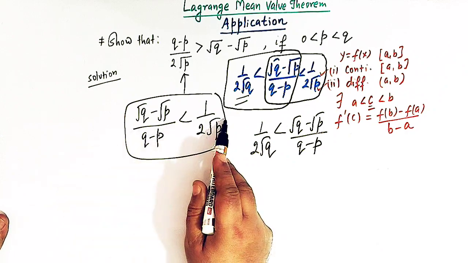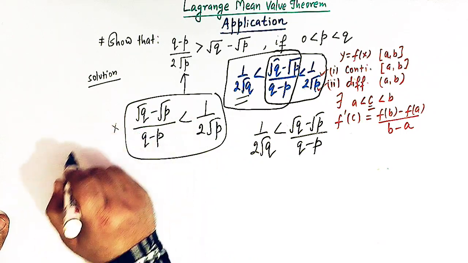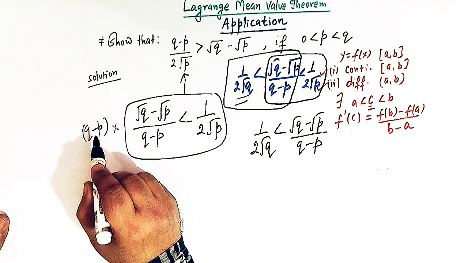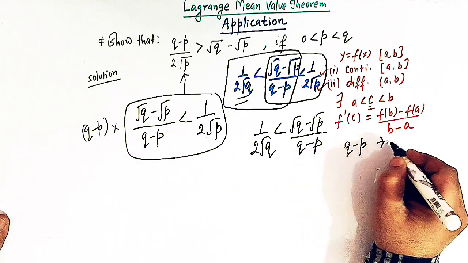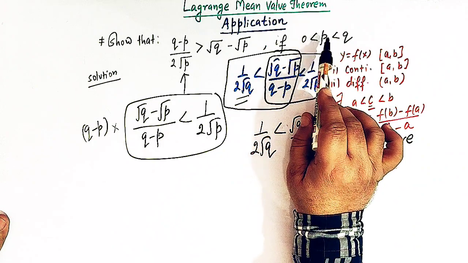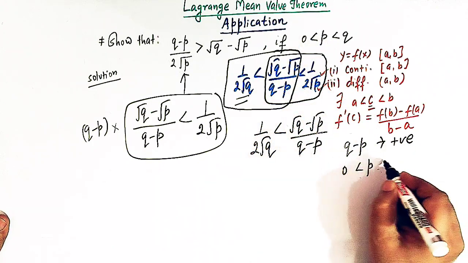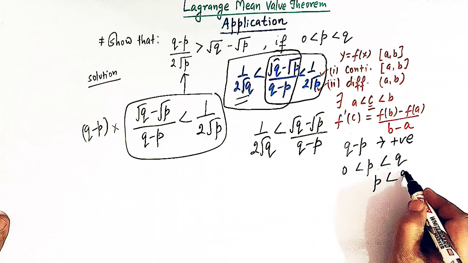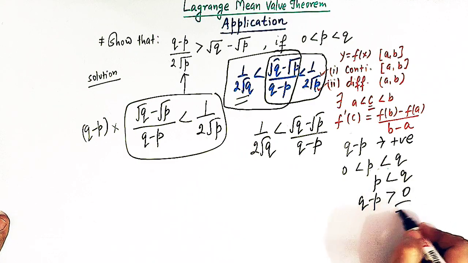So now multiplying both sides of this inequality by Q minus P, right? And here remember, Q minus P is a positive quantity, because here we have 0 less than P, and this is less than Q. So P is less than Q, so Q minus P is greater than 0, right?